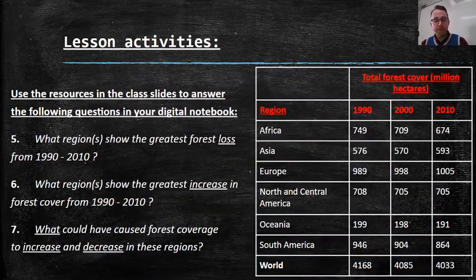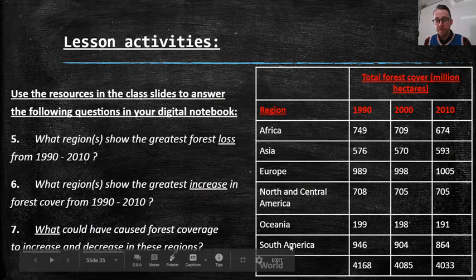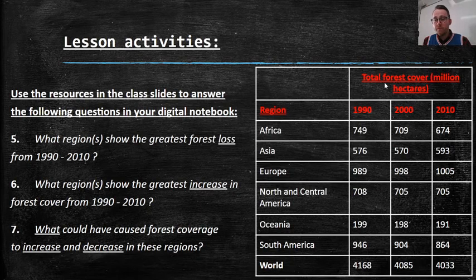Question 5, last page, last slide. Question 5, what region shows the greatest forest loss from 1990 to 2010? So we're using this little table over here. You've got regions of the world, so Africa, Asia, Europe, etc., etc. And then you've got the total forest cover. So that's how many hectares of land are being covered by forest.